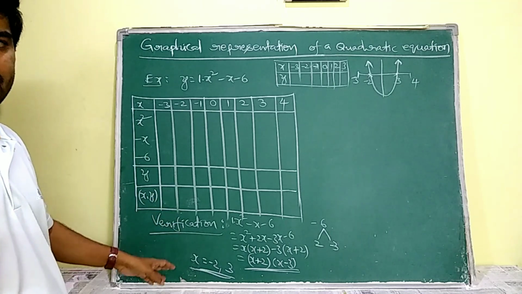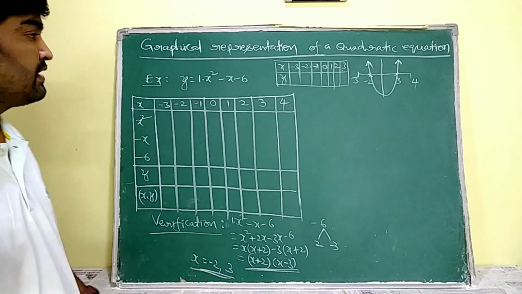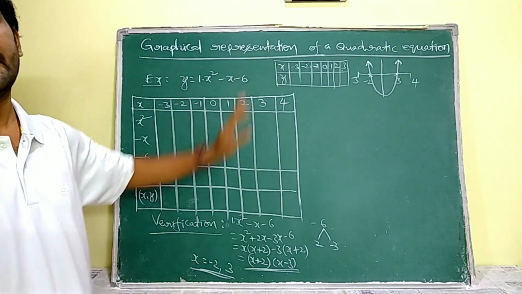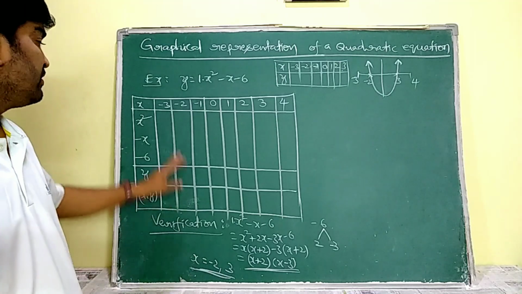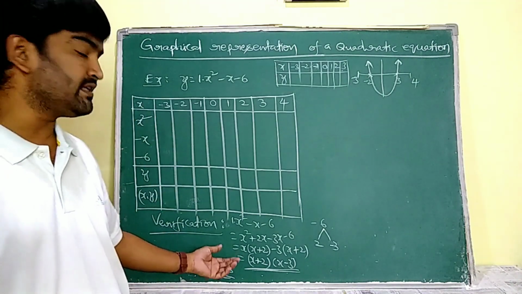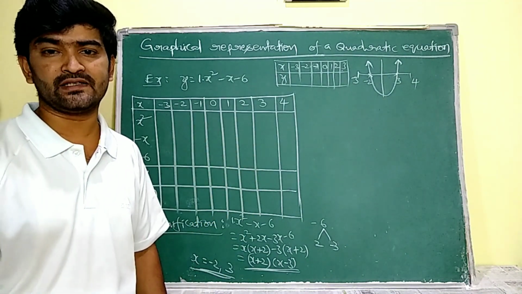If you don't know factorization, then you are going to consider the values of x from minus 5 to plus 5, then it is easy to write the ordered pair table. If you know the factorization, then only the required values of x are considered here.